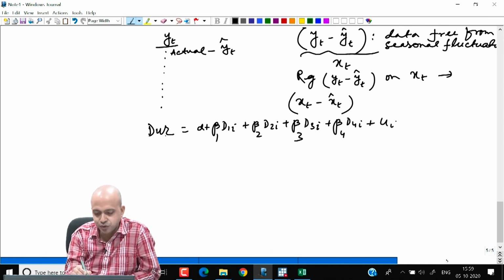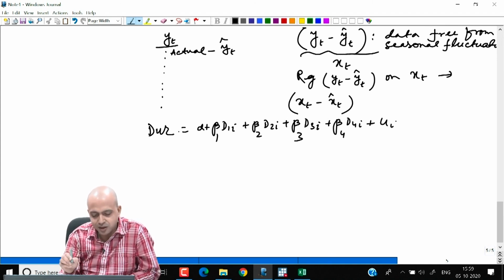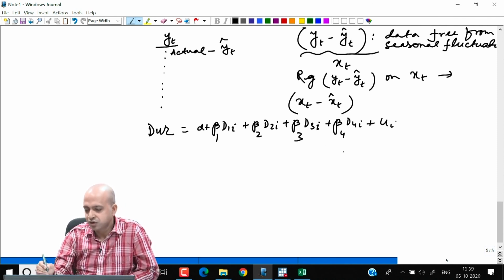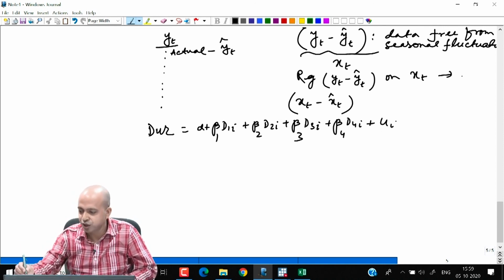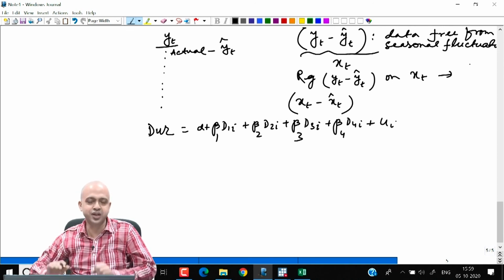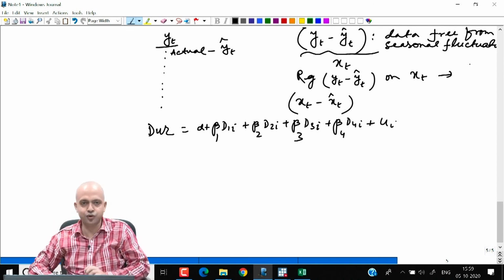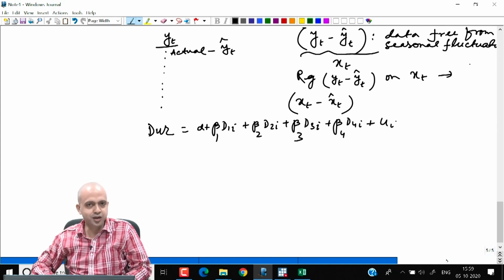In the same procedure, you subtract the predicted Xt from Xt, use that as the explanatory variable, and you will get the same coefficient. That is the proof. So there is no need for removing seasonal fluctuation separately from the explanatory variable. The procedure itself takes care of any seasonal fluctuation that might be present in Xt as well.